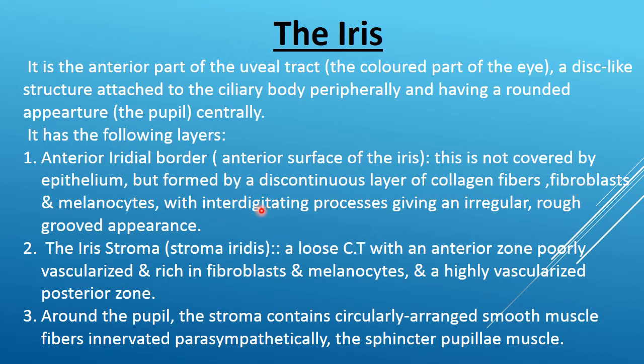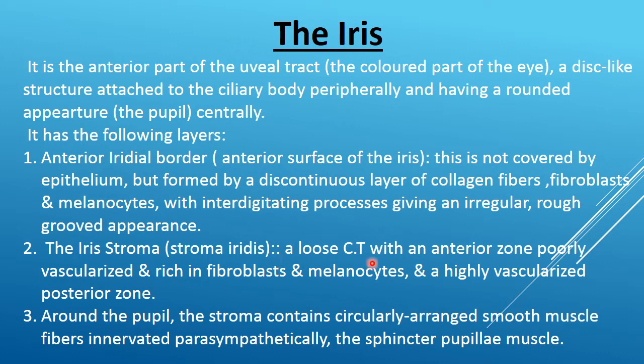These are interdigitating together, and that's why this is giving an irregular and rough, grooved appearance to that anterior border of the iris. Deep to that layer is the stroma of the iris.